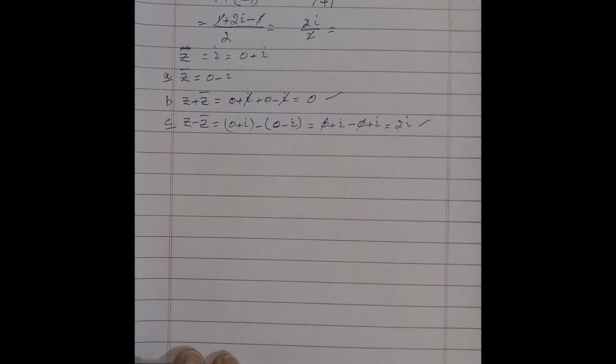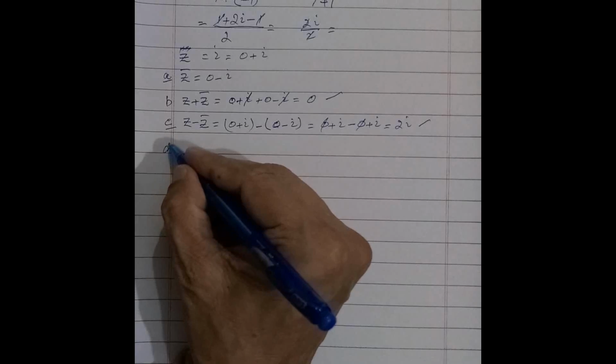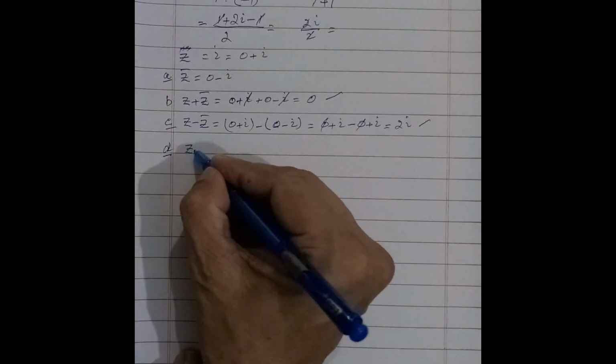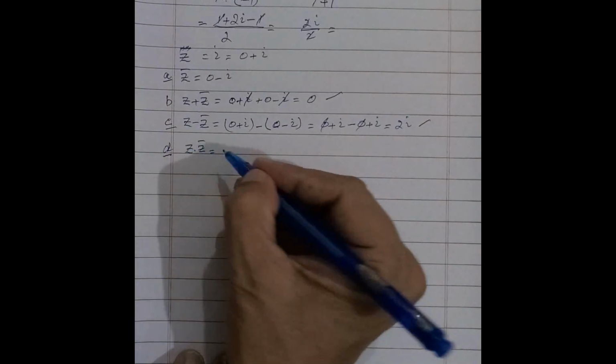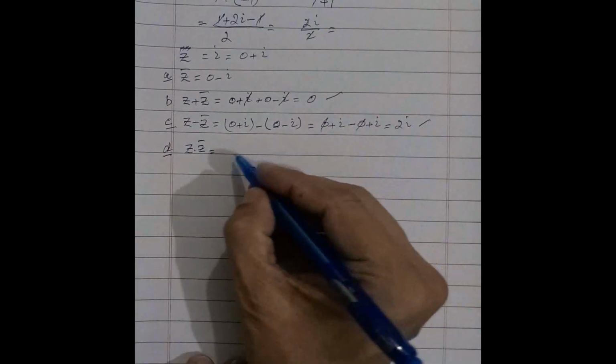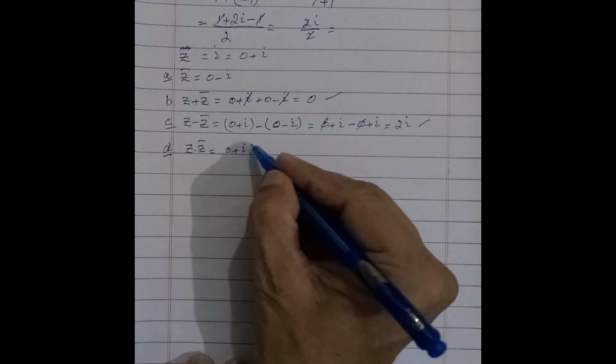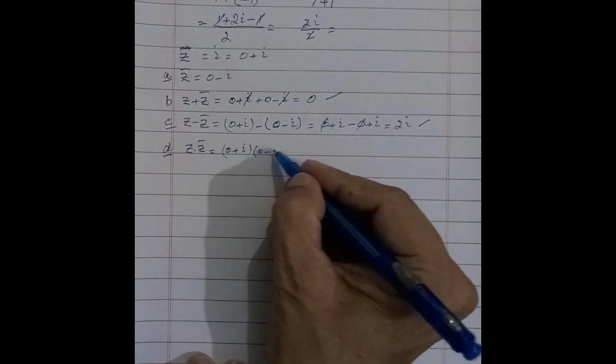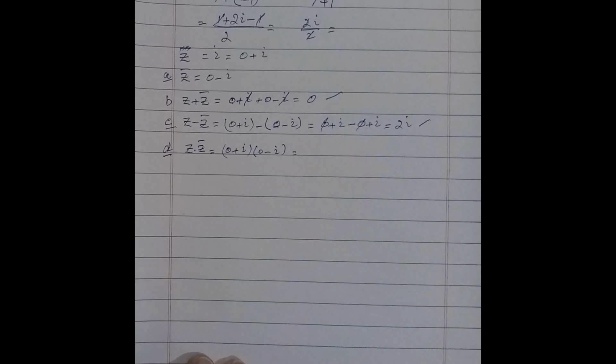And the D is Z into Z bar, meaning the complex number multiplied by the conjugate of the complex number, which is 0 plus iota times 0 minus iota.